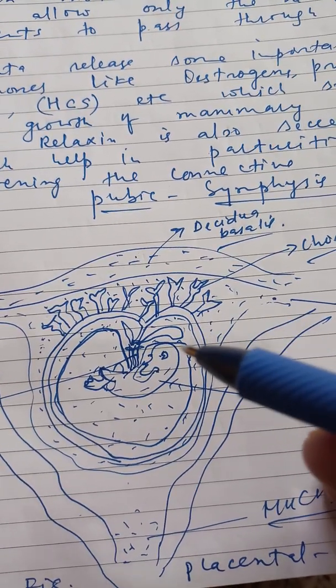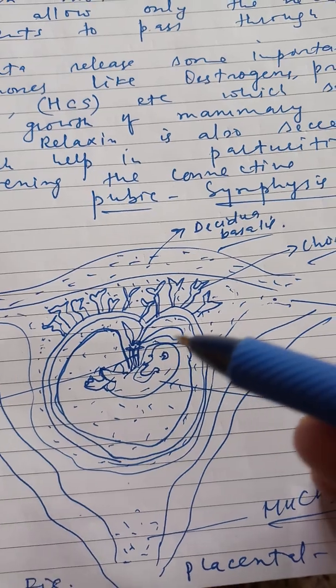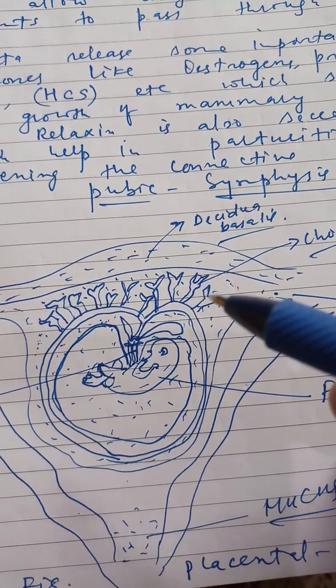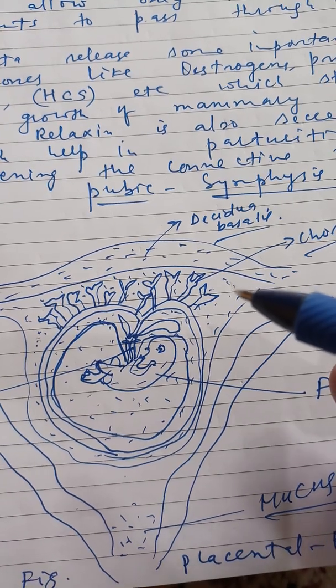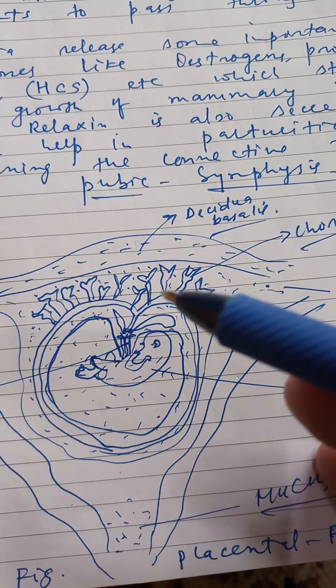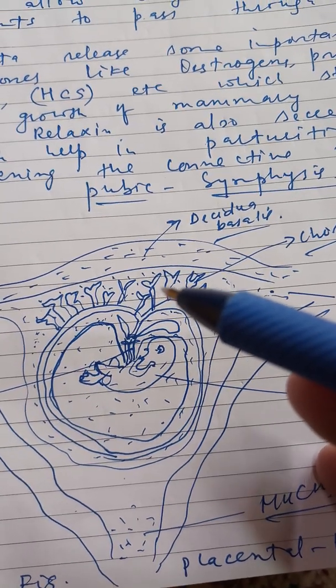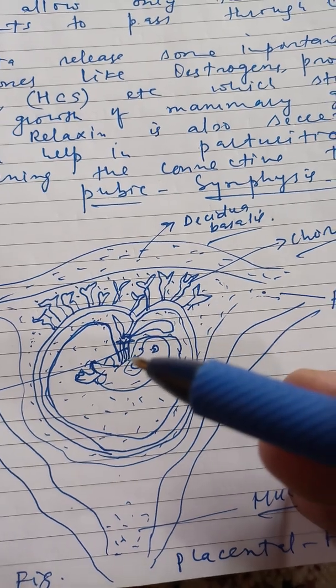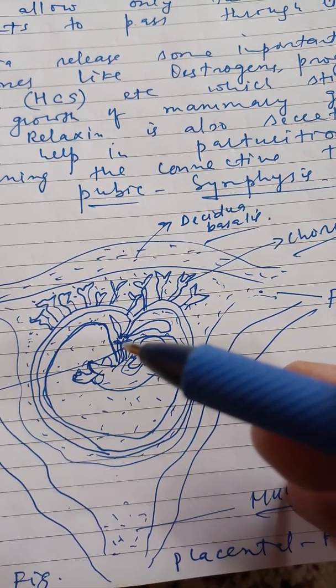Now, the next important point which you have to remember here is that after receiving the nutritive supplements, oxygen, etc. from the mother's blood, these chorionic villi carry them to the foetus, but again there is a bridge.